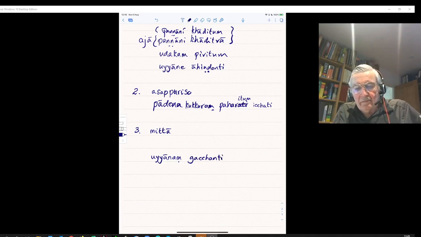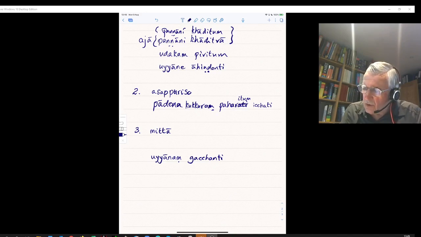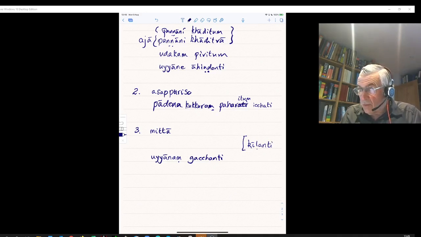So to play with dogs, play with the dogs, play with their dogs. So kielitum, kielati, put this at the end here, kielati, he plays, kielanti, they play. They go to play, that's for the purpose of playing.